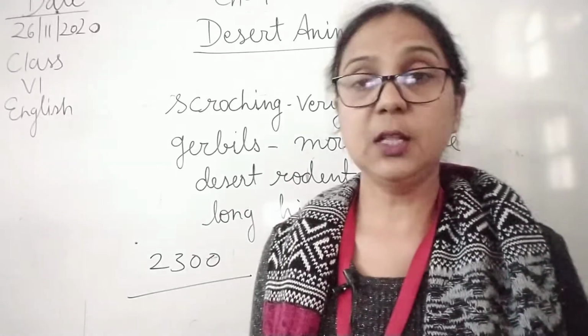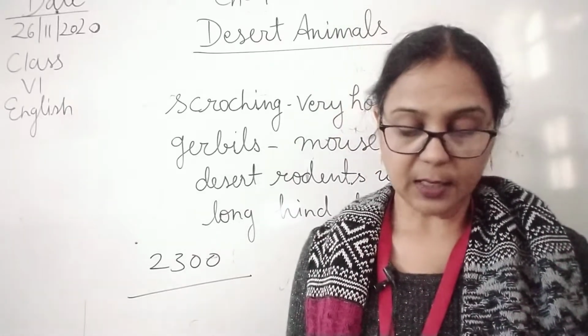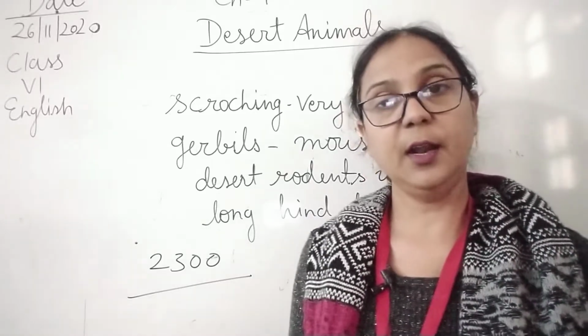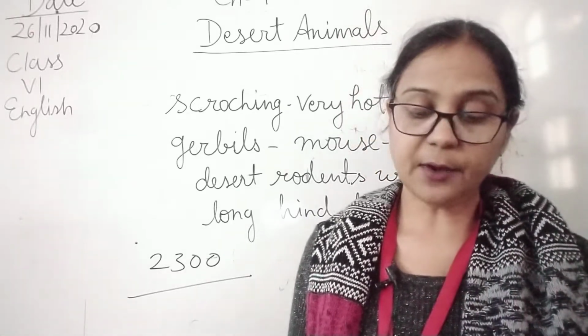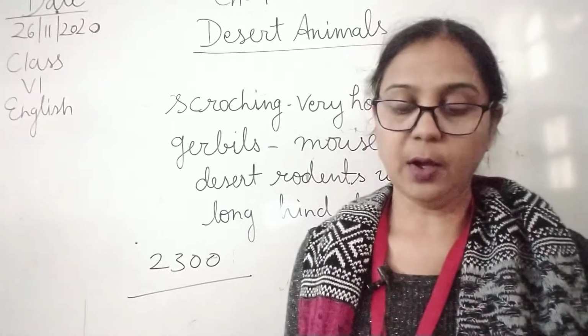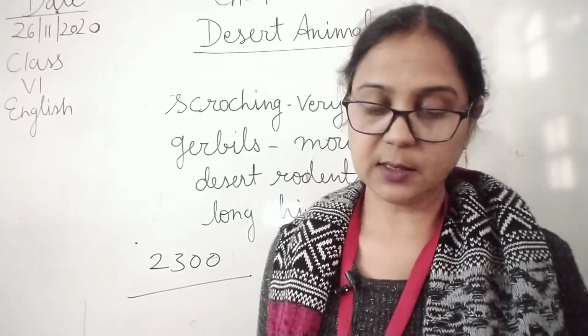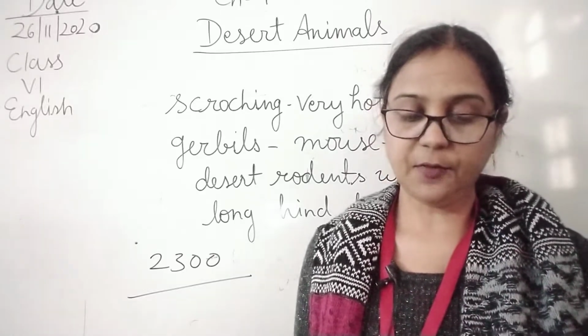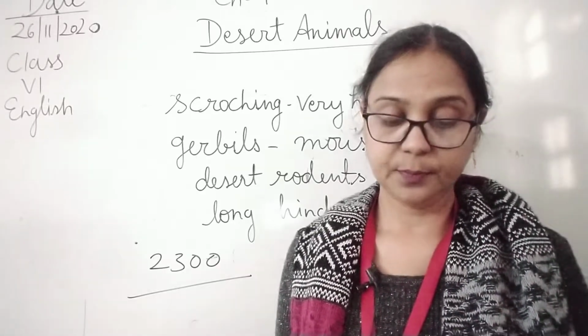Now we are moving to the third paragraph that you can find on page number 113. But the rattlesnake, or rattler as it's sometimes called, prefers to avoid people if it possibly can.